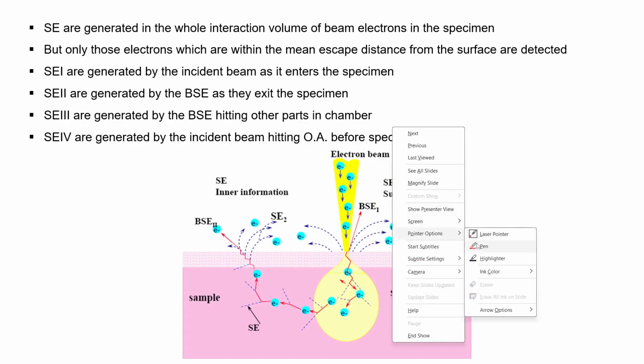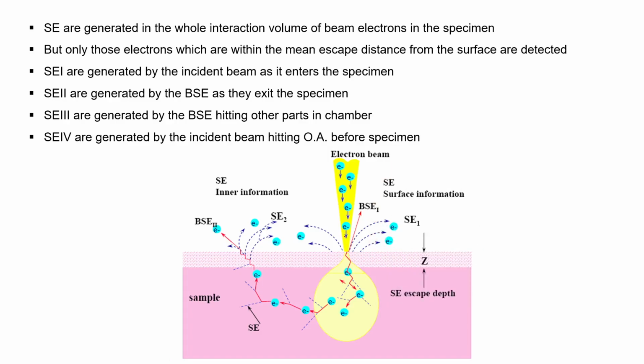Let me choose the pen. If the electrons are coming in this direction, let me change the color. Red is already present in the figure, so dark blue will be fine for the path of the electron.